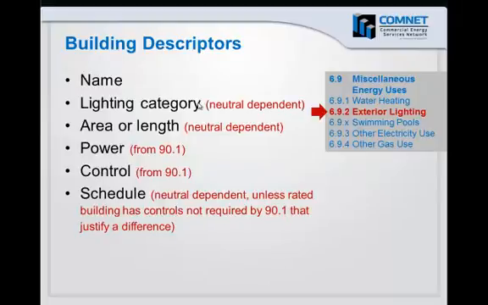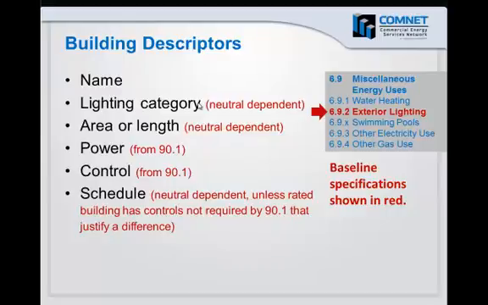For exterior lighting, again, the baseline specifications are shown in red. The building descriptors are name, the lighting category, which would be something like parking lot lighting, pathway lighting, facade lighting, the area and length of the lighting application, the power of the lighting application, how it's controlled, and a schedule for the lighting application.